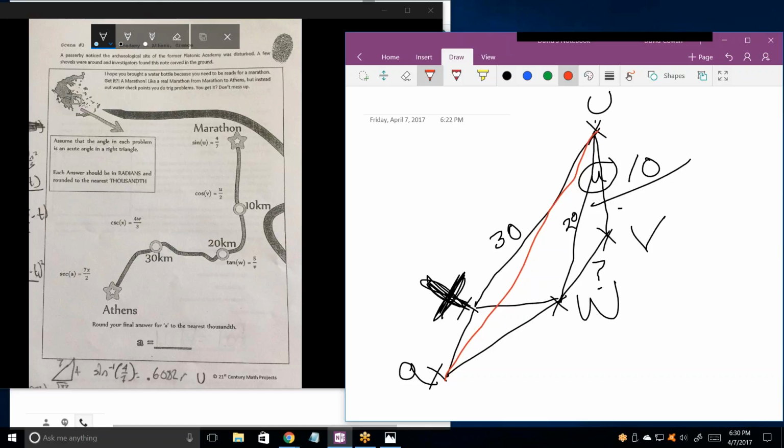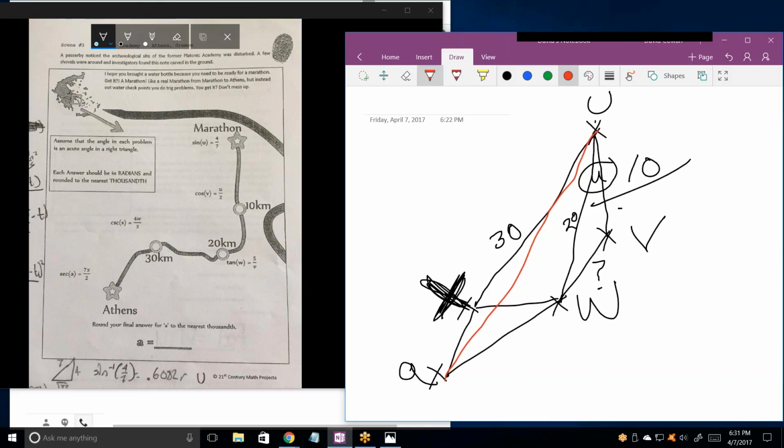But notice what you can do with each of these pieces of information. If you've drawn a picture where you've identified u properly, then you can figure out what u is. It's the inverse sine of 4/7. And you can figure out what v is. V is the inverse sine of u over 2. So once you solve for u, you can figure v.